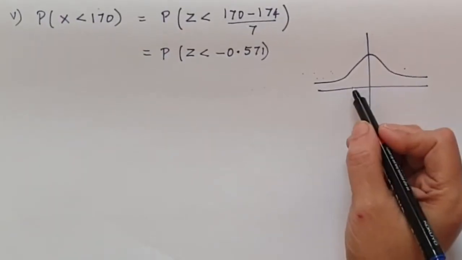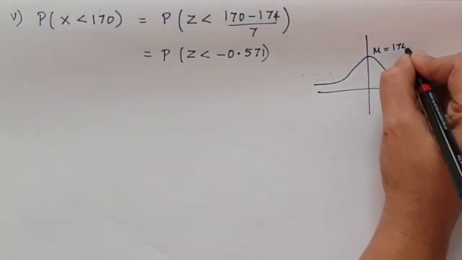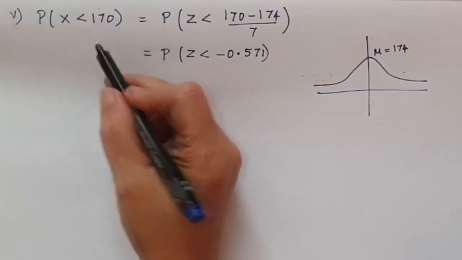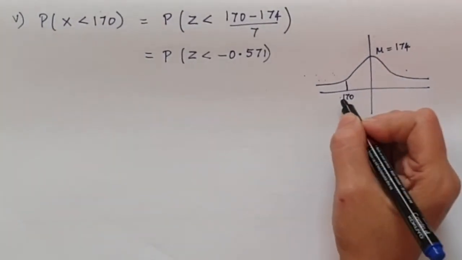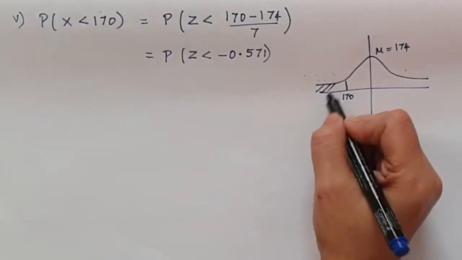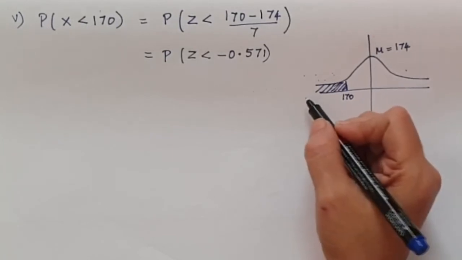Now for our normal distribution curve, this is our mu equal to 174, and our x value is 170, which will be over here. So x is less than or equal to 170, and these are the probability values lesser than 170.